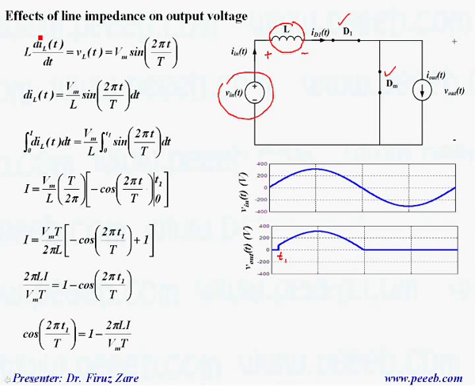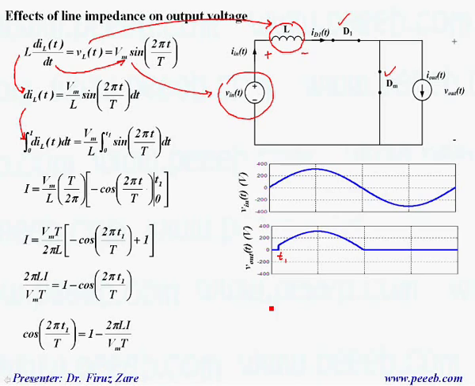The voltage across the inductor, which is basically this inductor, is L di/dt, which is equal to the input voltage. Suppose the input voltage is Vm sin(2πt/T). We can simplify this equation. Moving dt to the right hand side, we get di = (Vm/L) sin(2πt/T) dt, then integrate over that period.